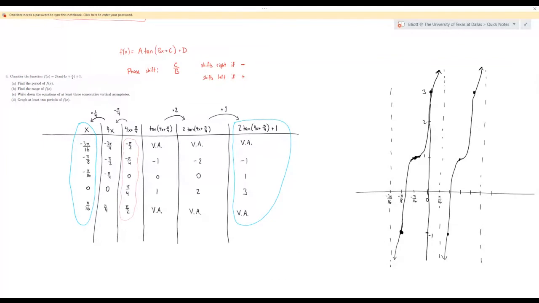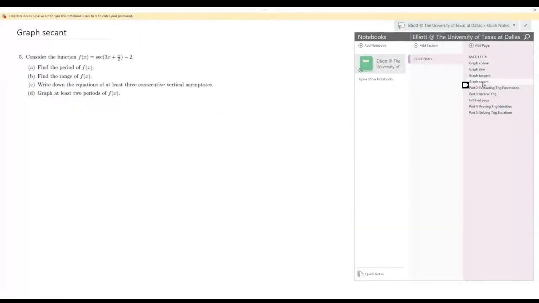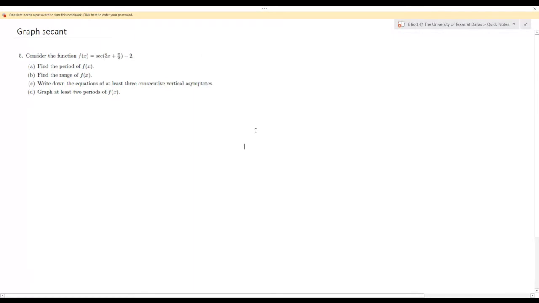And you'll still know which direction it shifts in based off the sign, okay? But yeah, so it looks to be bx minus c, so I'll go ahead and use that notation as well. Okay. Let's take a look at graphing this secant function next.